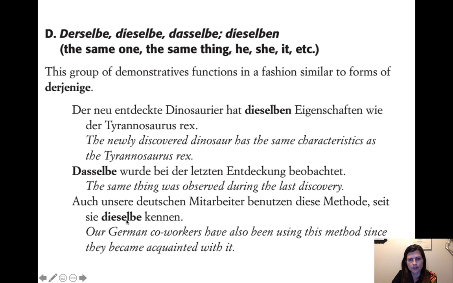So it's just sort of saying Methode, diese Methode, dieselbe, meaning the same method I just mentioned. To say the same is a little bit confusing, but it's emphasizing this same method I just mentioned. Okay, that's a pretty rare way to use dieselbe though.